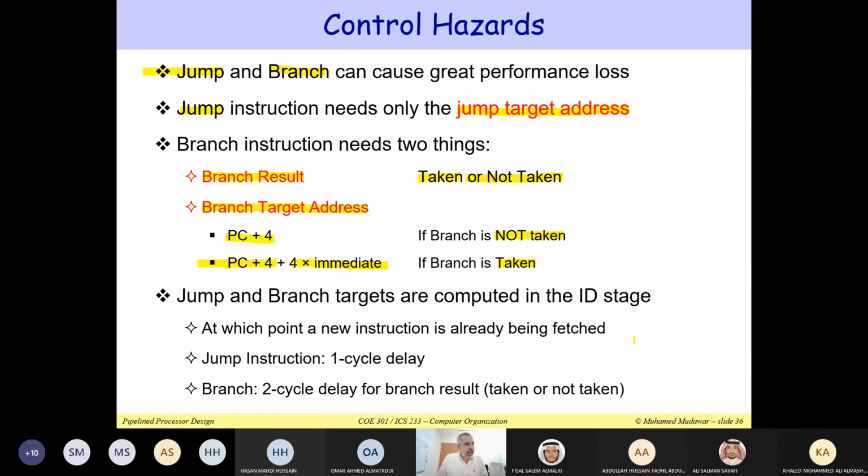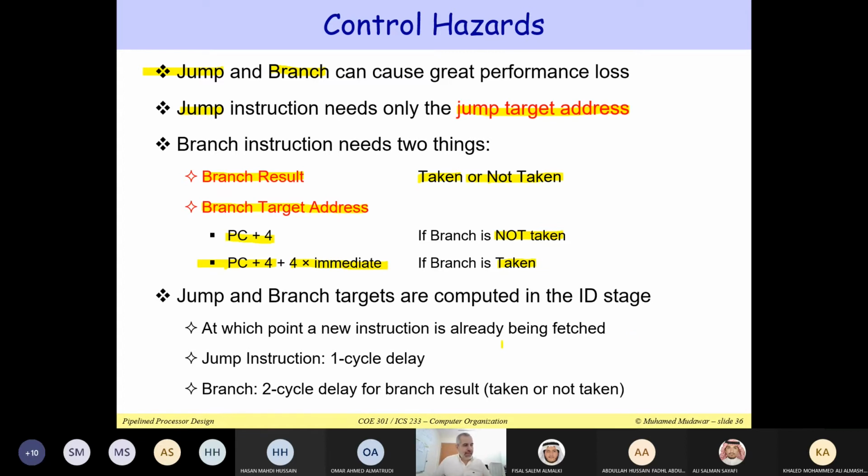Then at this point, we can tell if the instruction was a jump or a branch. So we know from the opcode what the instruction is. But at this point, once we have the instruction in the second stage, we are already fetching an instruction in the first stage of the pipeline. Now, that's the problem. Okay, so for this reason, we say that the jump has a delay.